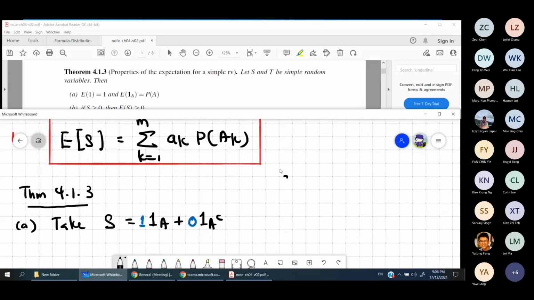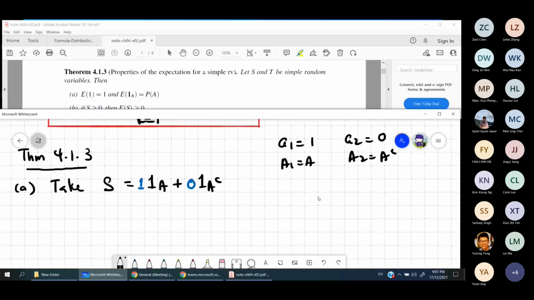So that means we are taking A1 to be 1, A2 to be 0, and A1 to be A, and A2 to be its complement. Okay, we have this.